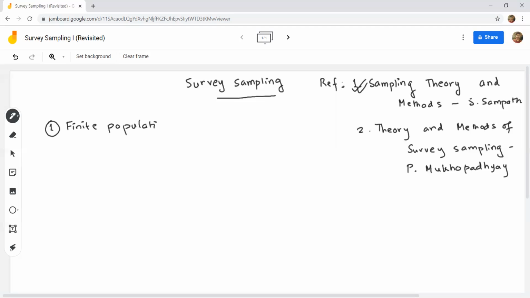In the case of survey sampling, we mainly deal with finite population, that is nothing but a set of a finite number of, we say, distinguishable elements.